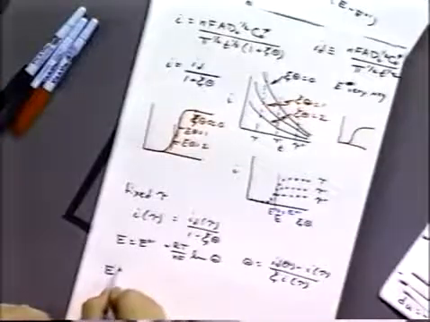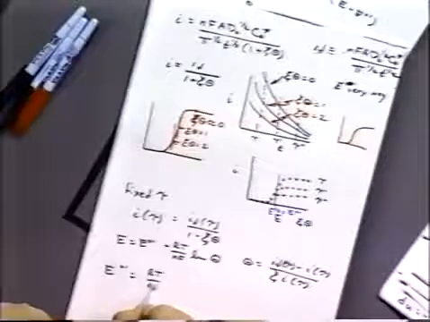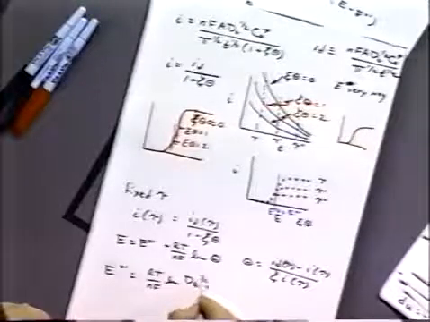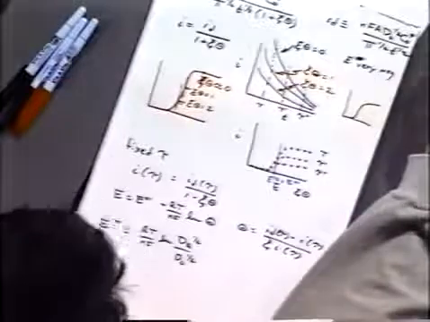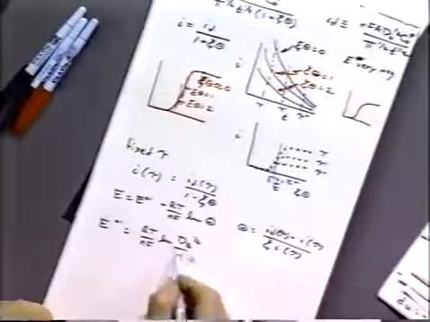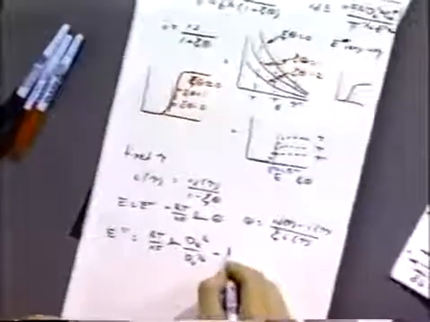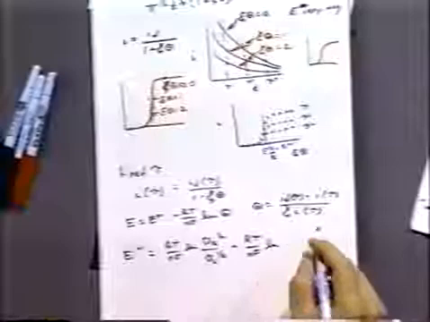So E0 prime is equal to RT over NF, okay, remember that this is the squiggly E term here, D_R over D_O, plus RT over NF natural log.